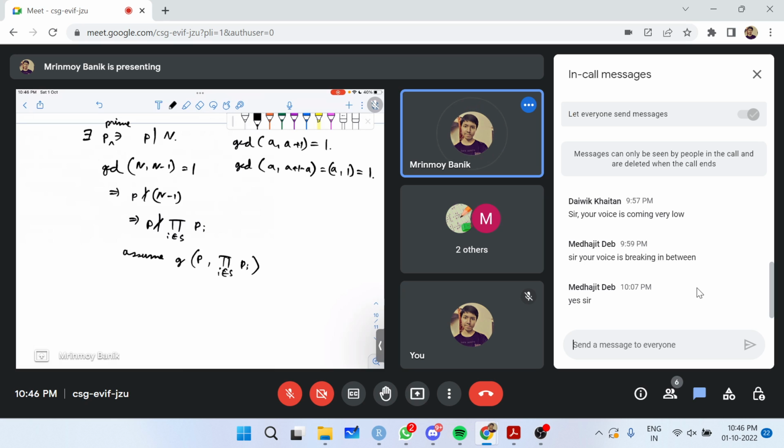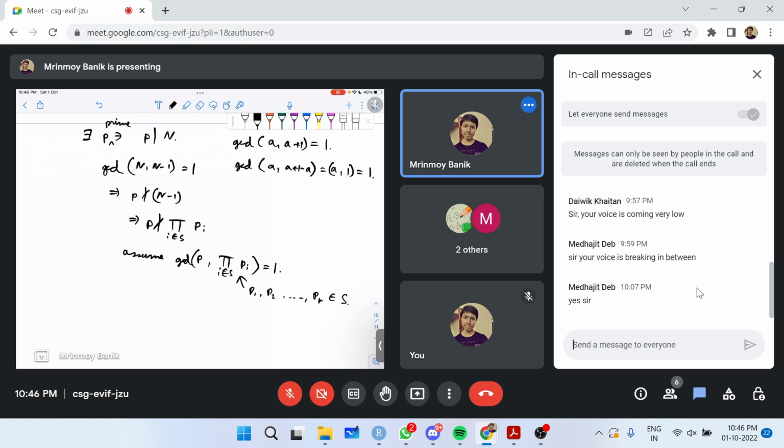What is the GCD? It is 1. This product only has prime factors p1, p2, up to pr, the contents of S. Any one of them can't divide p.